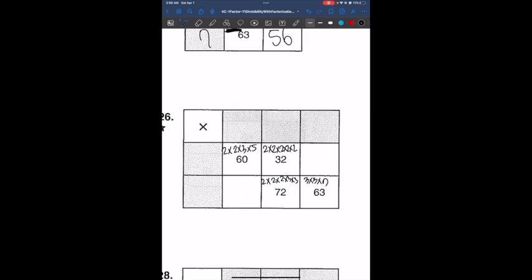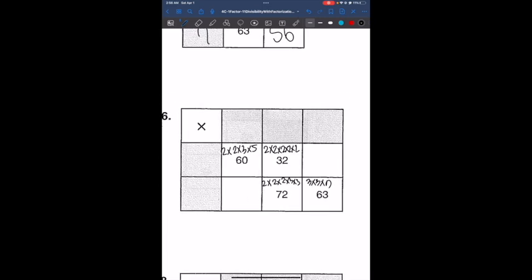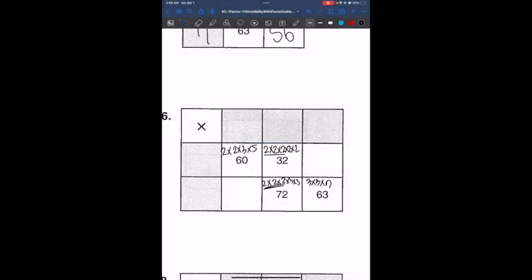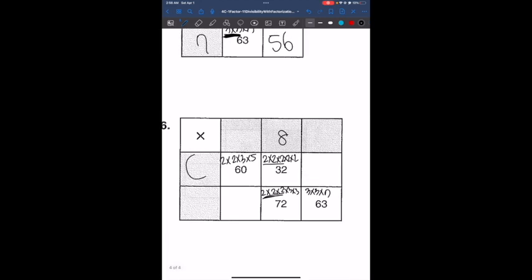And so for this column, we know that 2 3s have been repeated, and so that's going to go in here. So 2 times 2 times 2 is going to be 8. So 8 goes in there. And since we have 8, we know that this square times 8 is going to give us 32.